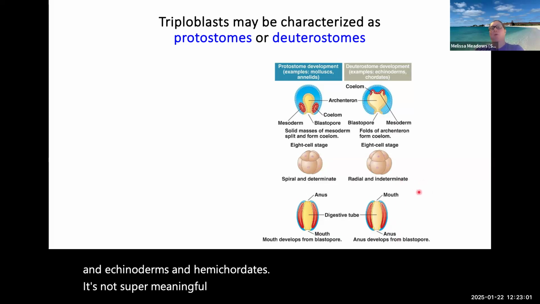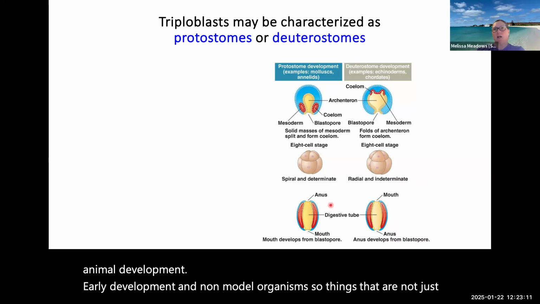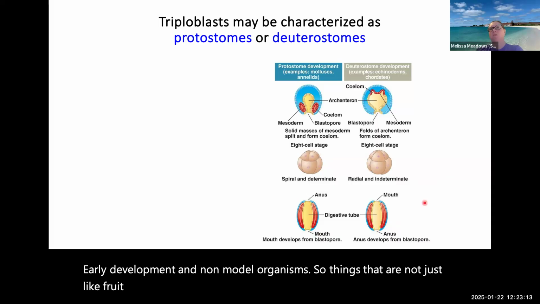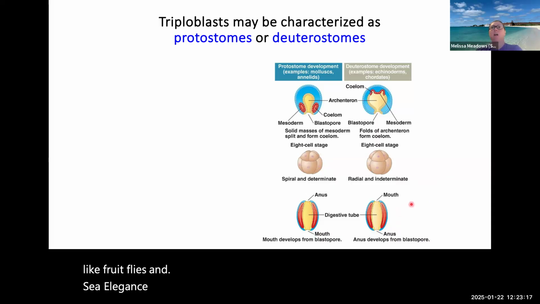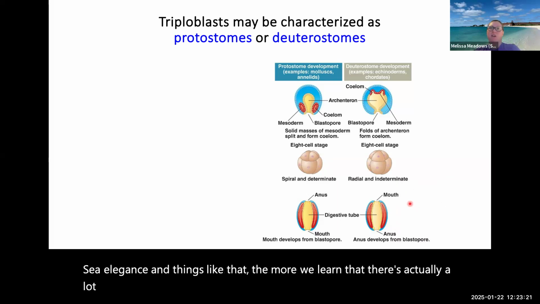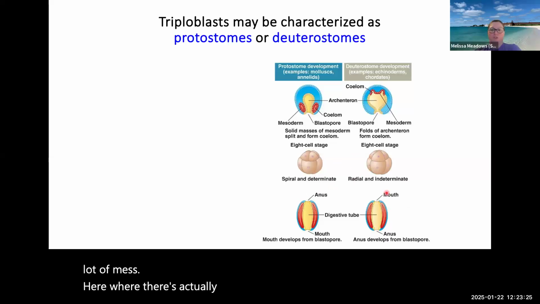Also, the more we actually study the details of early animal development in non-model organisms, so things that are not just like fruit flies and C. elegans and things like that, the more we learn that there's actually a lot of mess here where there's a mixture of these developmental types.